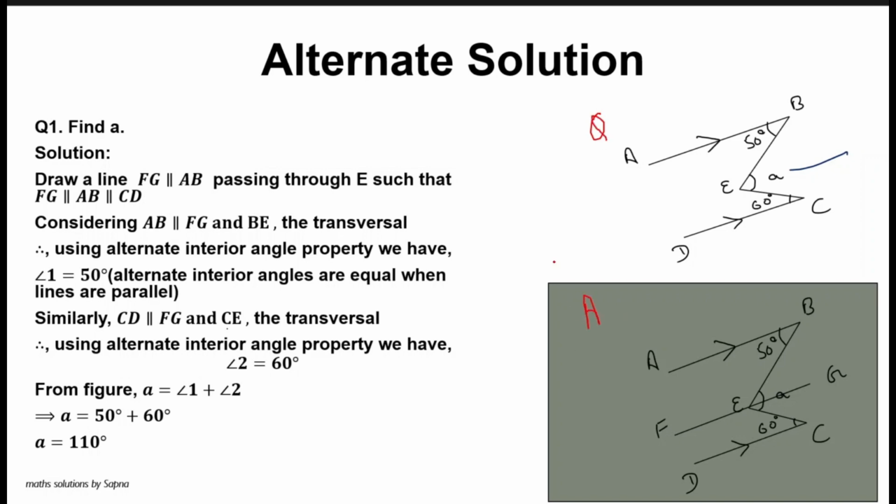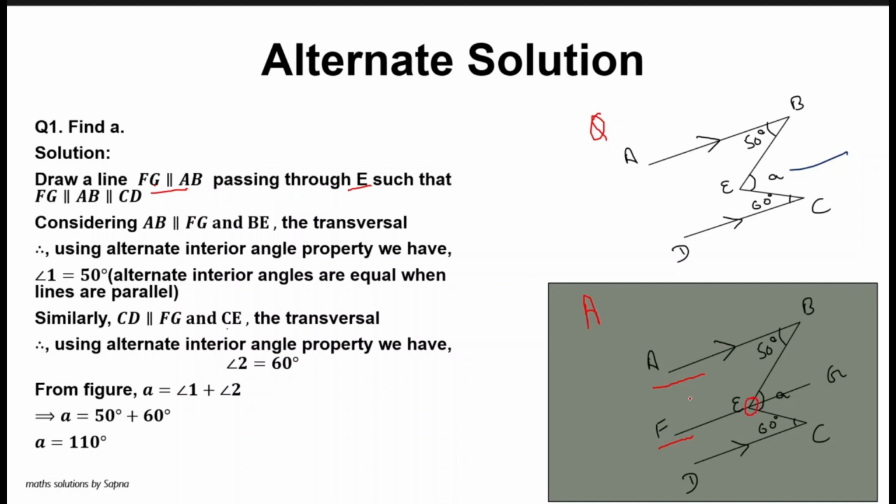This is your answer figure. So what I'm doing is I'm drawing a line FG parallel to AB passing through E. As you can see in the solution figure, I've drawn a line FG, parallel to line AB, and it's passing through the point E.